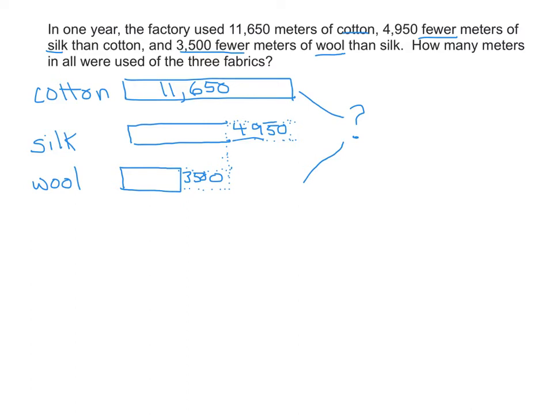All right, as I look at my drawing, I'm going to have to find these missing parts. And I see that my silk is just this amount less than the cotton. So I'll start with the cotton, 11,650, and subtract the 4,950, which will give me the amount of silk.